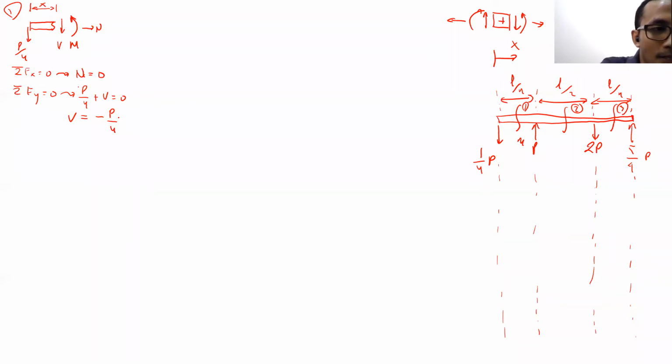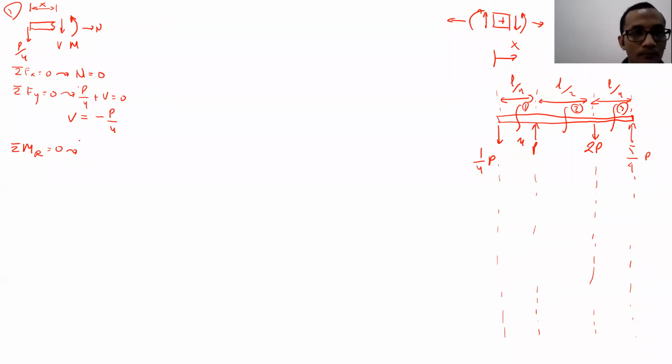Now, the last one, sigma moment. Sigma moment on the left edge or right edge? On the right edge. Equal to 0. What will you get?